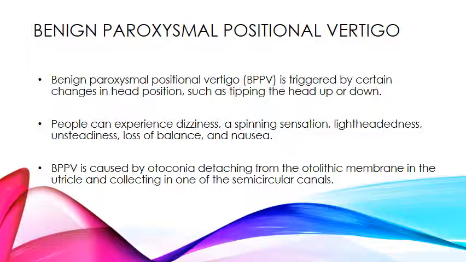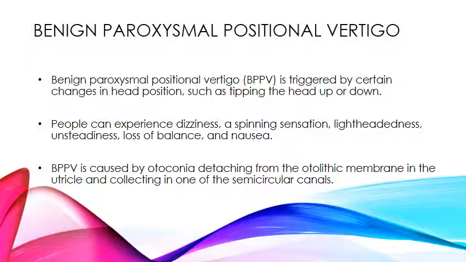Benign proximal positional vertigo is a mechanical disorder of the inner ear and is caused by abnormal stimulation of one or more of the three semicircular canals. BPPV occurs as a result of otoconia, which are tiny crystals of calcium carbonate that are a normal part of the inner ear's anatomy, detaching from the membrane in the utricle and collecting in one of the semicircular canals.